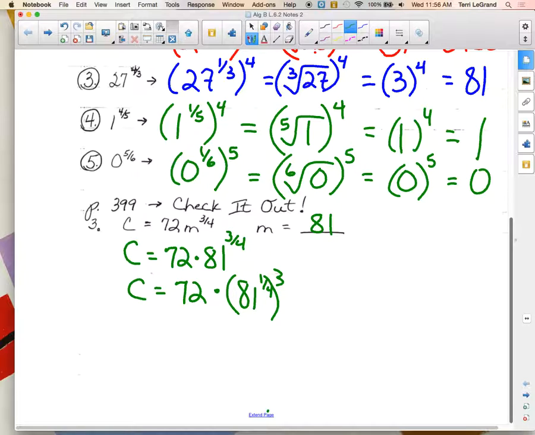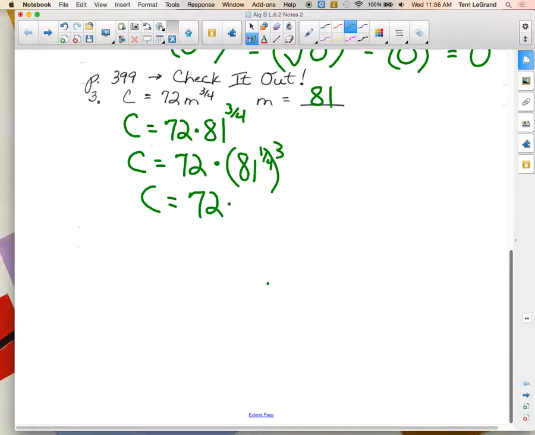So now we're really finding what root of 81? The 4th root of 81, and that's what's going to get cubed. So we're looking for what times itself 4 times gives you 81.